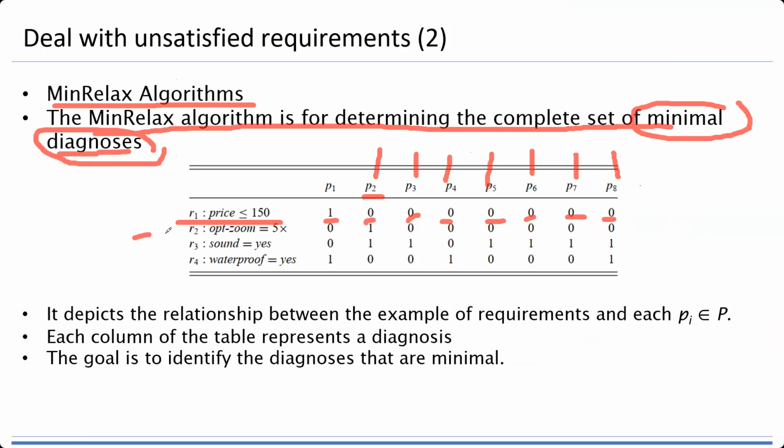If we have this requirement, then it satisfies P2 only. If we use the R3 requirement, it satisfies P2, P3, P5, P6, P7, and P8. If we use the R4, it satisfies P1, P4, and P8.